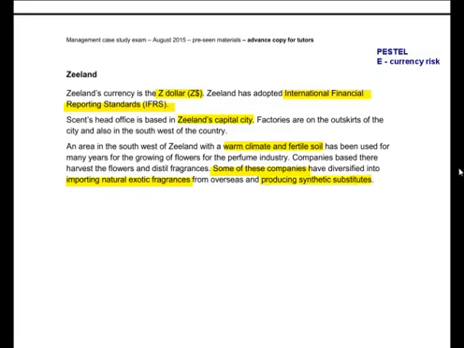Now, the issue with importing is the same as when we were talking about exporting earlier. There are risks involved, such as transport cost or transport risks. If a ship were to sink with thousands and thousands of dollars worth of ingredients, then that could have a real detrimental effect on your business and on your manufacturing.